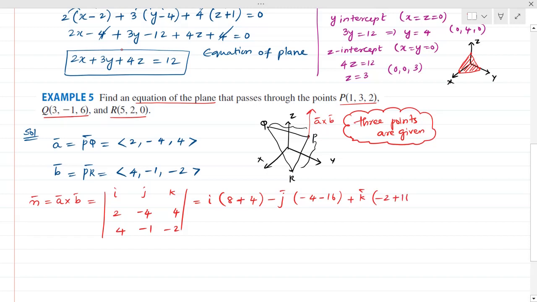So if you simplify, you will get 12i, plus 20j, and plus 14k. So this is my n vector.